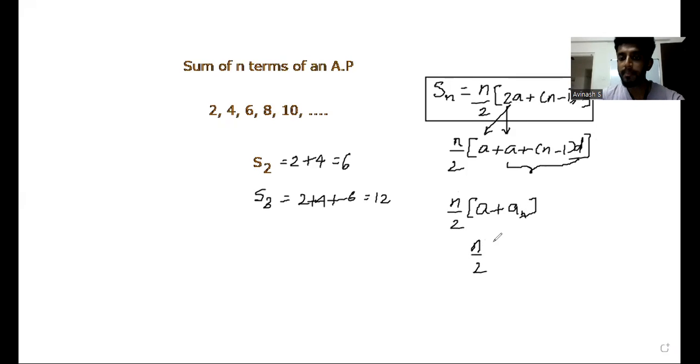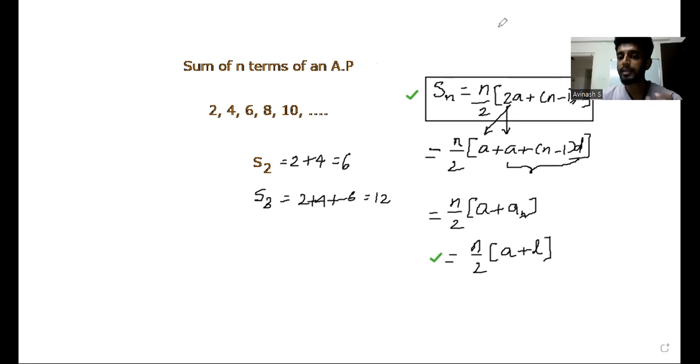Sometimes the an is also written as L to show that the nth term is the last term. So we may think that these are different formulae, but these are all the same formula. Sometimes when they have not given the last term, we go with the first formula. And if they have given the last term, then we go with the last formula. And the steps in between, I have used just to show how we got that last formula.